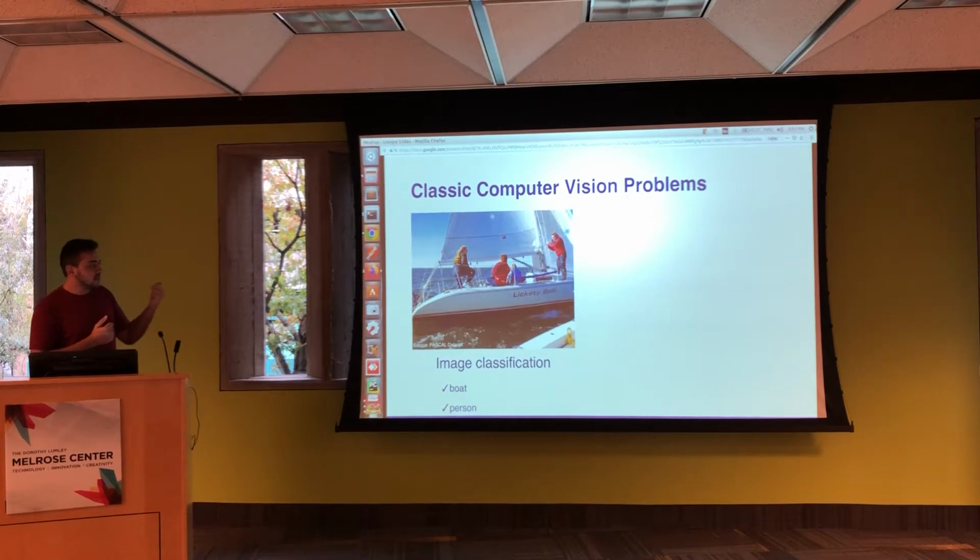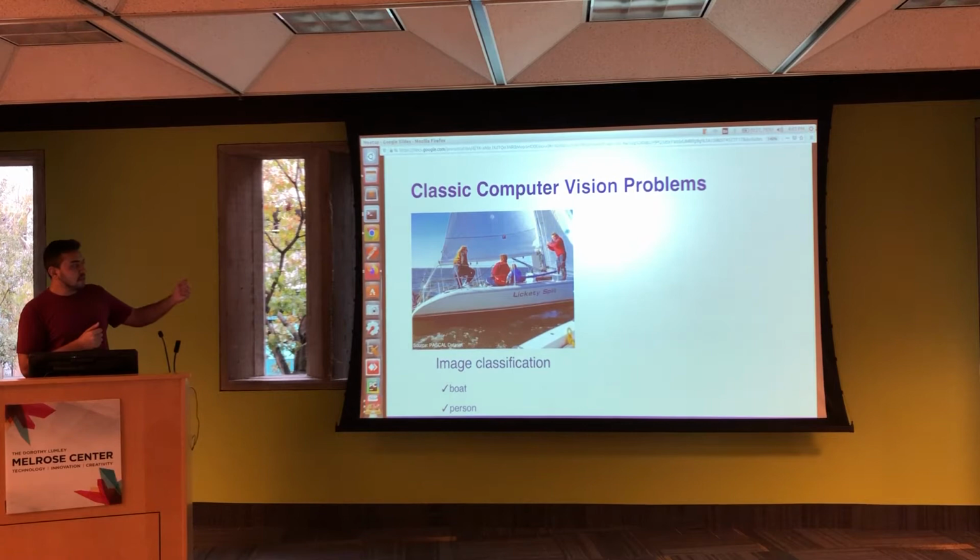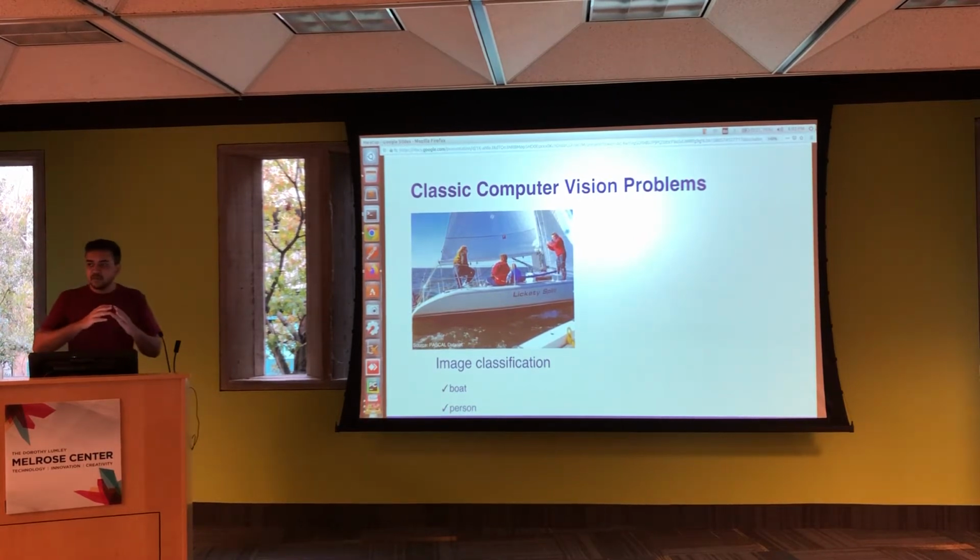First, you are not able to tell where the board is, so you won't have any coordinates. Then you are not able to tell how many persons there are. And if the board is very big and the person is very small, you might miss the person. So that is the disadvantage of this model. This is a basic classification model.